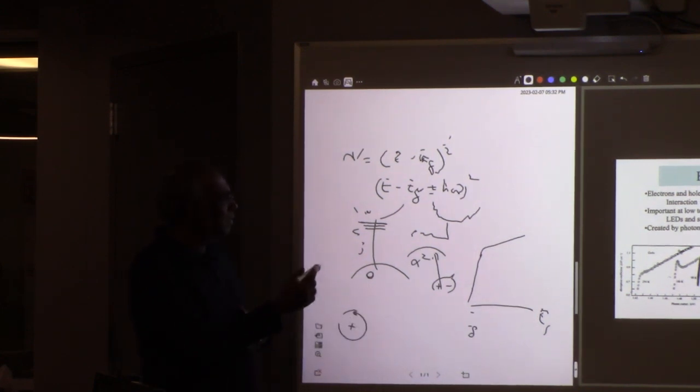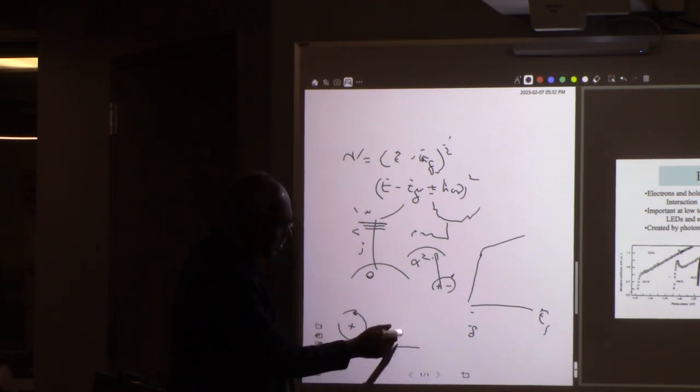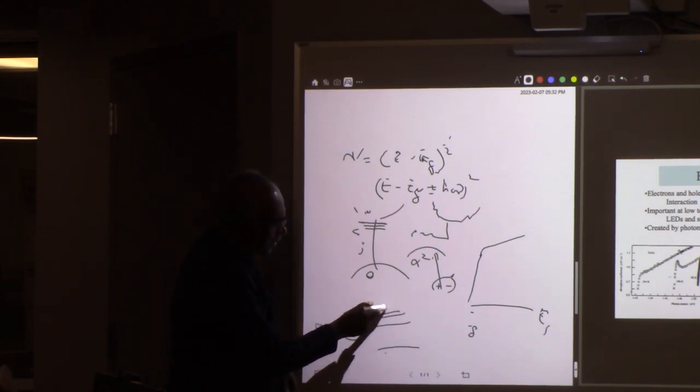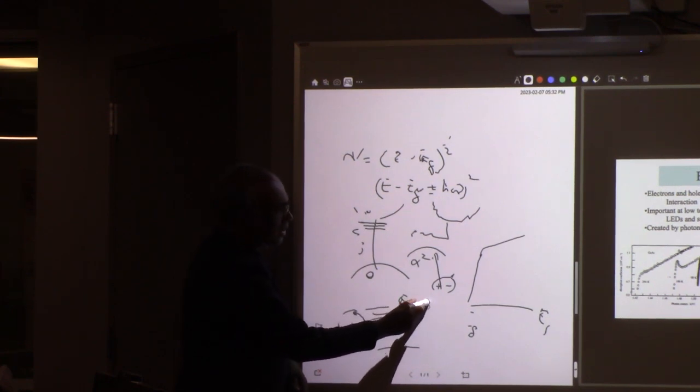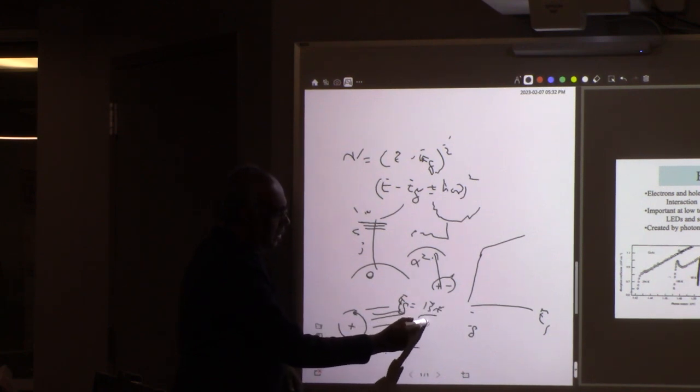So if you do that one, we know the hydrogen atom, we have these states, right? You have the ground state, then you have other higher level states, right? Anybody remember this energy? This energy is given by minus 13.6 over n squared, right?